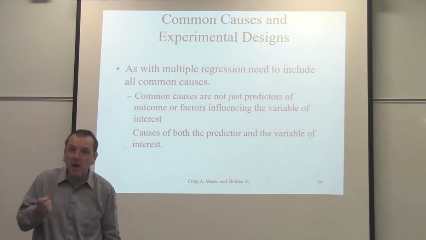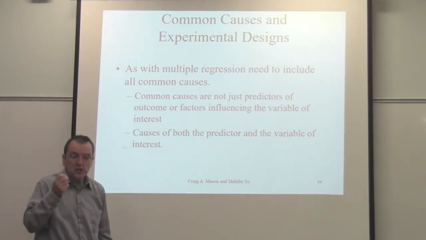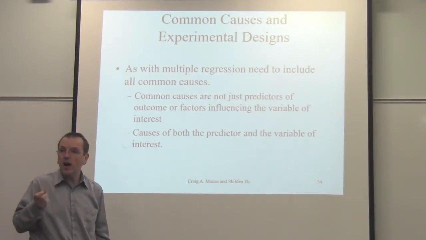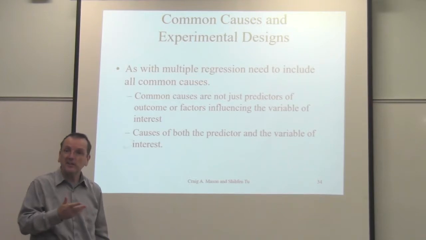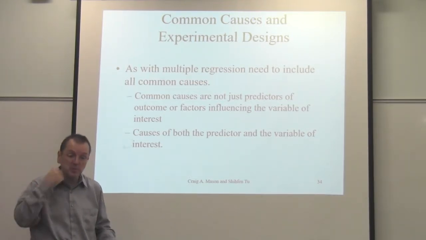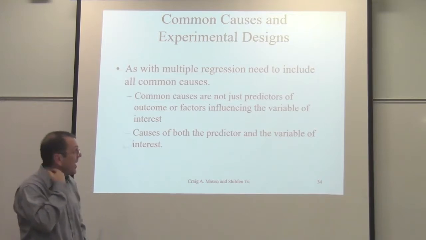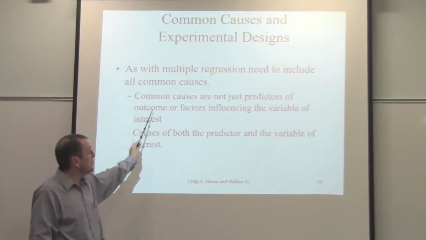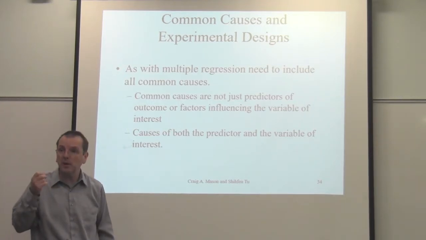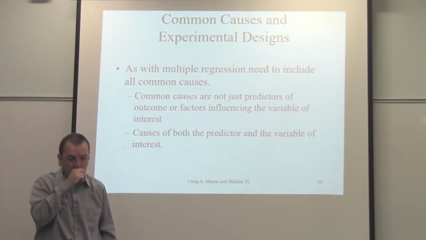Something to keep in mind is that, just like with multiple regression, you have to have all common causes in a path model, because we're doing this with multiple regression, so it makes sense that those same rules apply. A key point to remember when making sure you include common causes: there are two points I want to talk about.